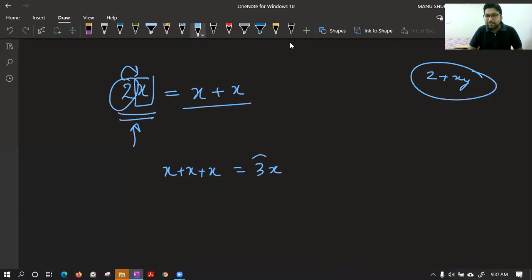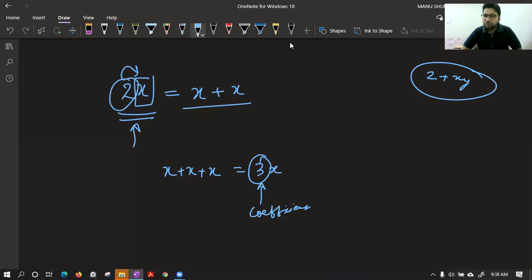That means this coefficient is telling us that our variable x was added 3 times before. We have shortened it, we have confined it to write as 3x. Simple.